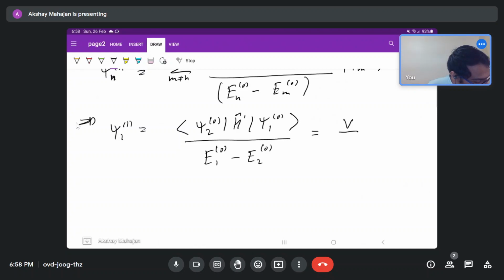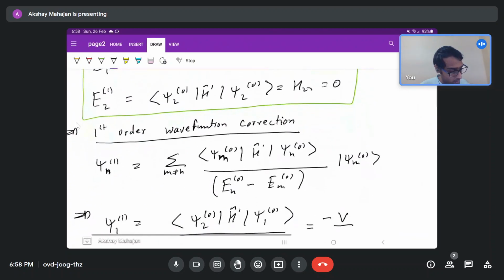We know that the energy difference I will write as delta E. We will draw a diagram where delta E will be fixed.